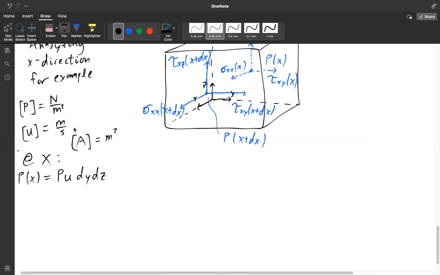So if we were to multiply all the units together, we would get something like Newton meters per second, which goes to joules per second, which is the units for power. So I'll erase that for now. Just a little side note as to why we're multiplying pressure and U together. That's where the U comes from.